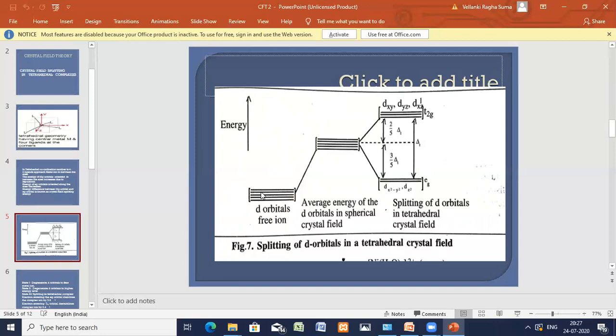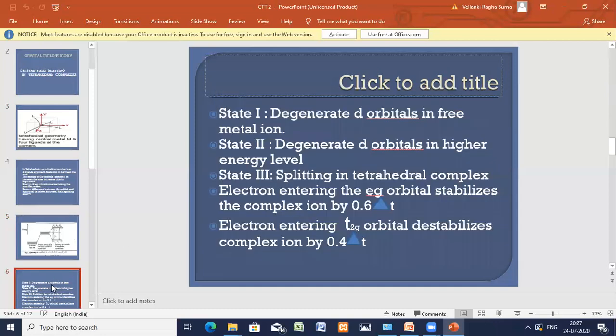This is state 1, this is state 2, and this is state 3. State 1, degenerate orbitals of the free metal ion. State 2, degenerate d orbitals in higher energy level. State 3 is splitting in the tetrahedral complex.